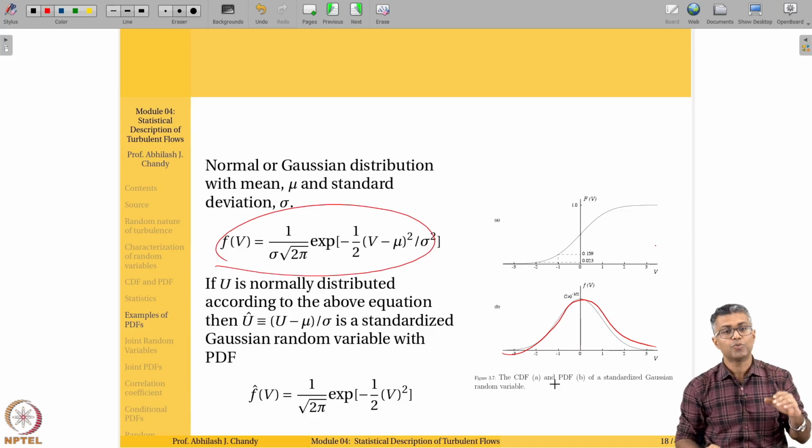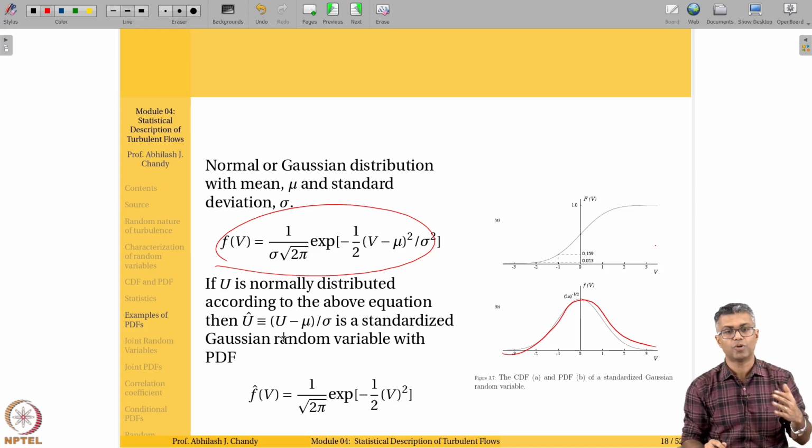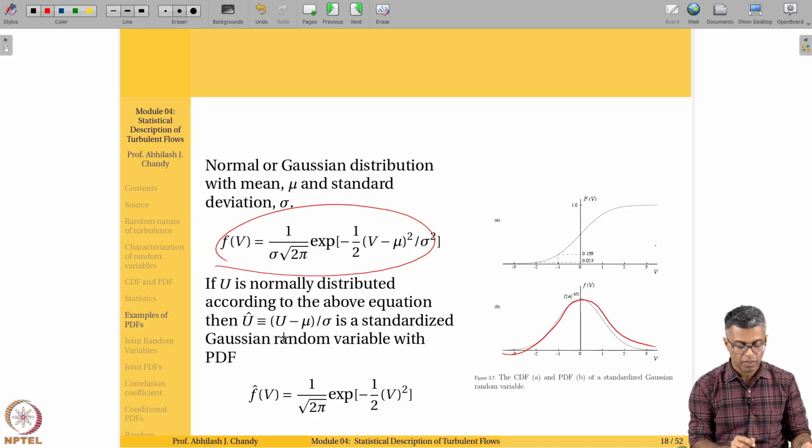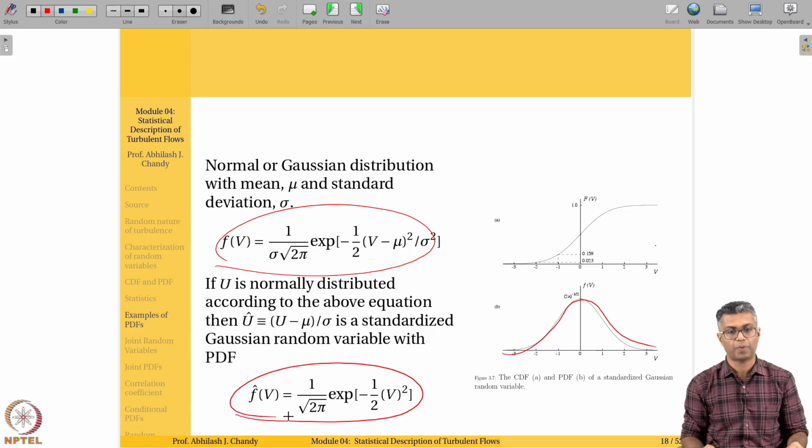Now, if U is normally distributed according to the above equation, and you take a standardized variable, U hat is U minus mu divided by sigma. For the standardized Gaussian random variable, you can get rid of the mu and sigma from the equation, and your standardized PDF looks like this: 1 over square root of 2 pi exponential minus half v squared.